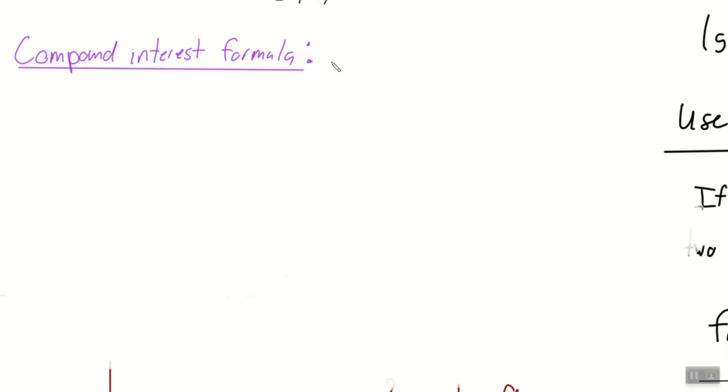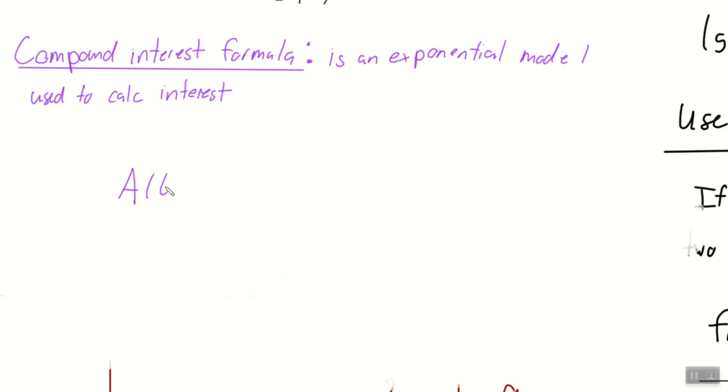So compound interest is an exponential model that's used to calculate interest. Lando, you writing? Okay, this is the formula. A of t equals A times (1 plus r divided by n).